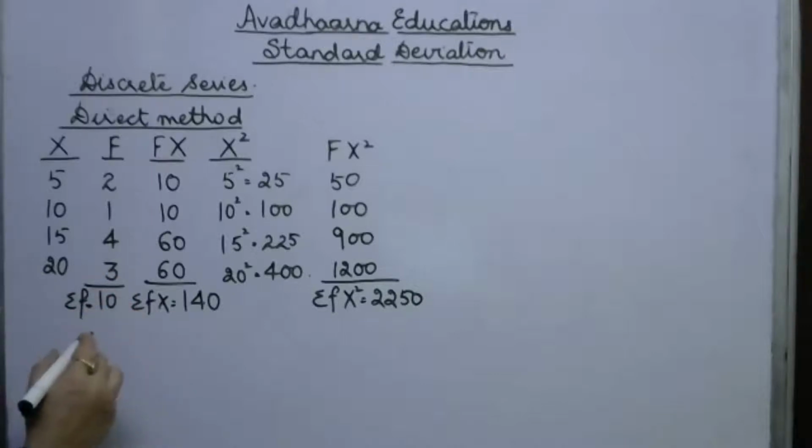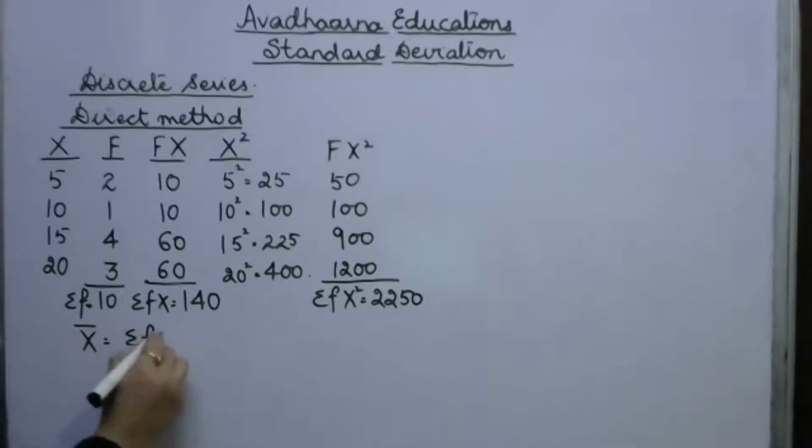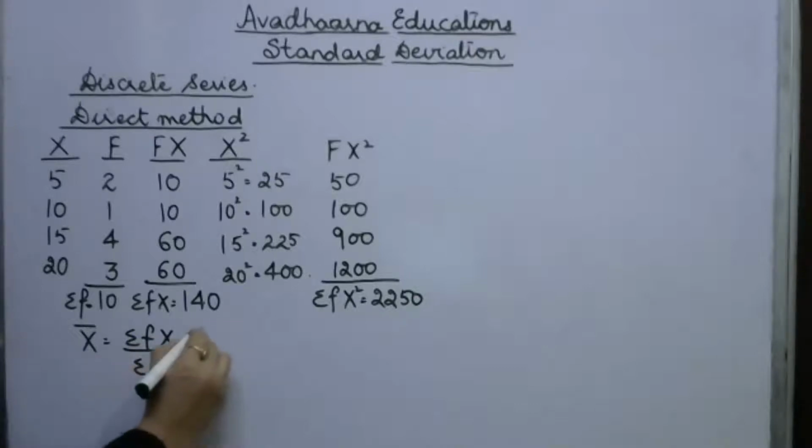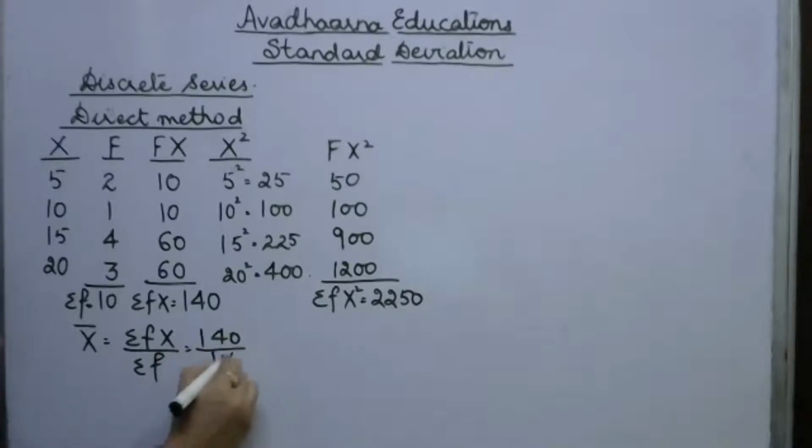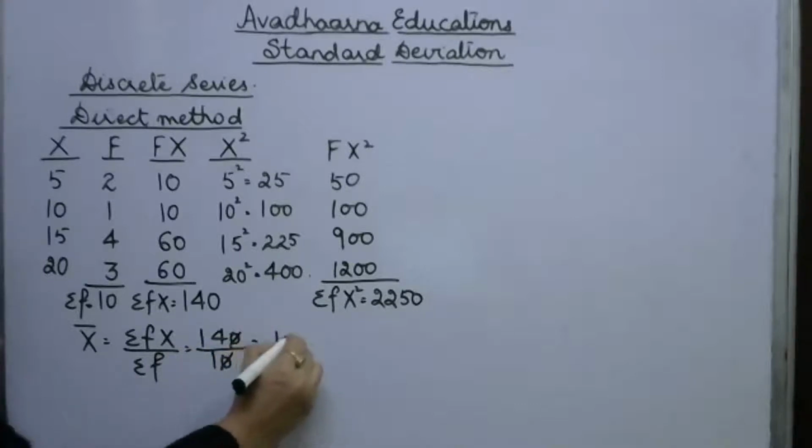So let's first calculate the actual arithmetic mean, which is given by summation fx over summation f, which is equal to 140 upon 10, and actual mean of this series is 14.